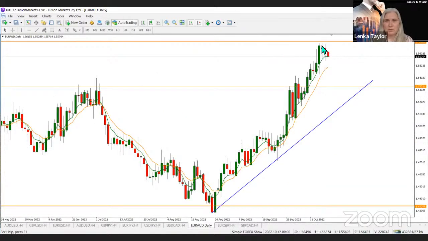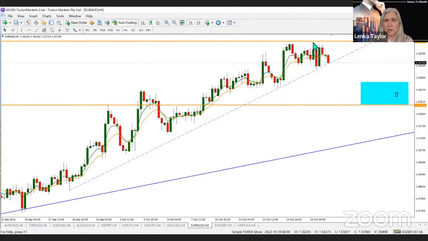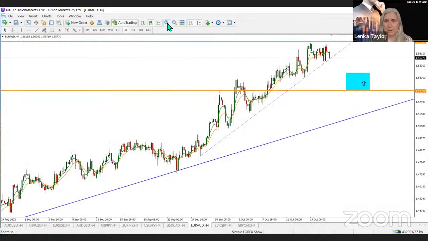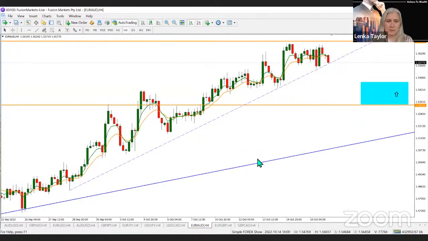So I would expect that the price might bounce off this level and come further down. I'm not really confident about trading it short as yet. I'm going to see what happens. If it does come to the bottom of that range, then perhaps if it does a retest, I would be looking for long opportunities there. I'm looking for that retest of that level.